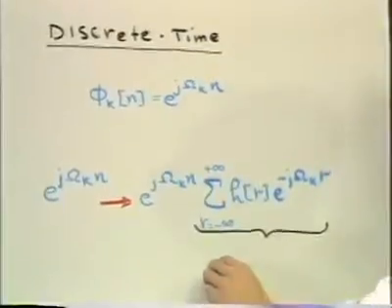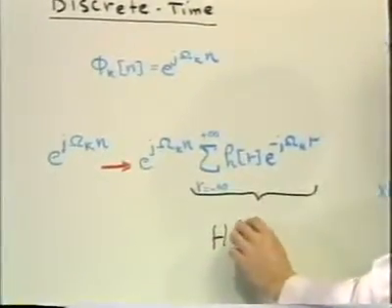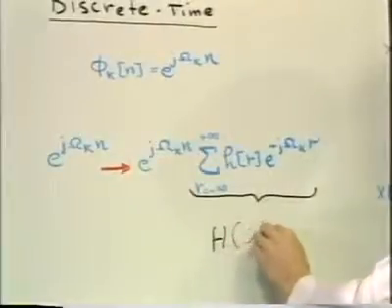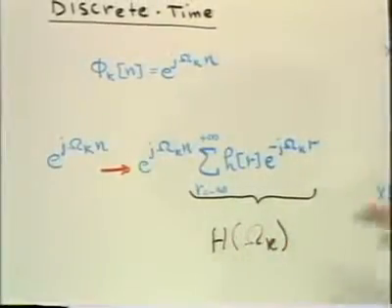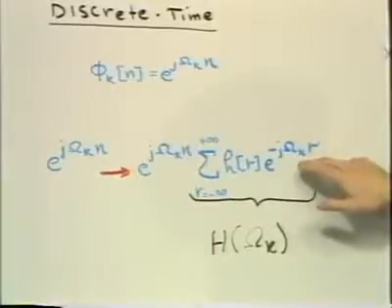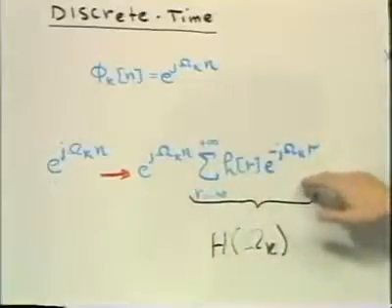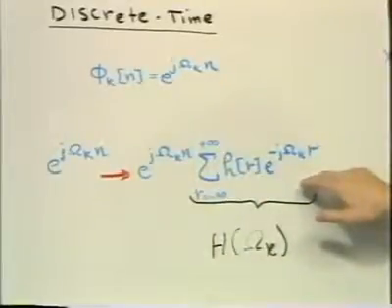And just as we did in continuous time, we will be referring to this complex constant, which is a function of the frequency of the complex exponential input, as the frequency response.